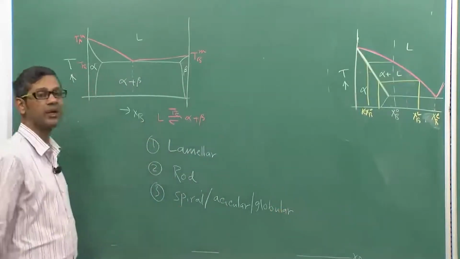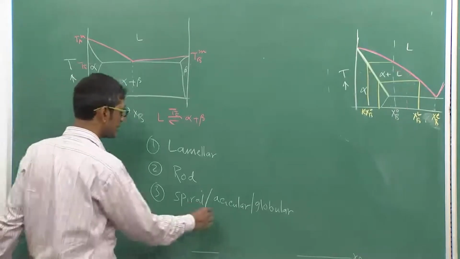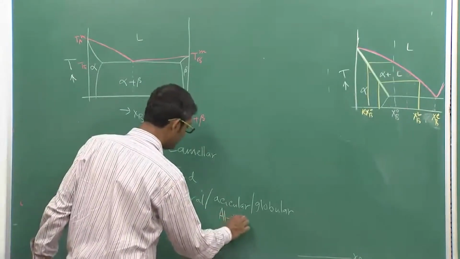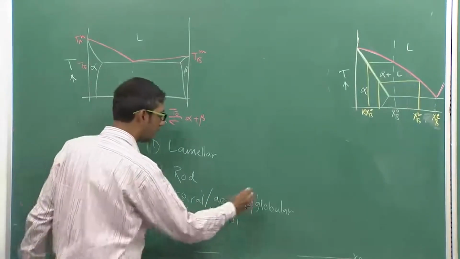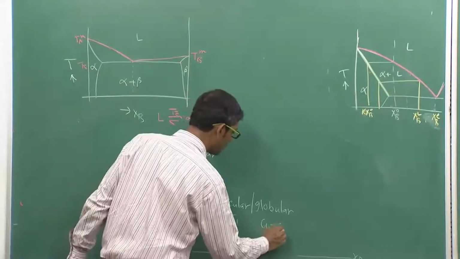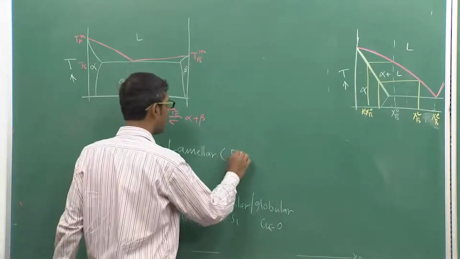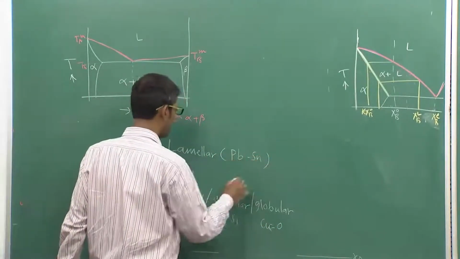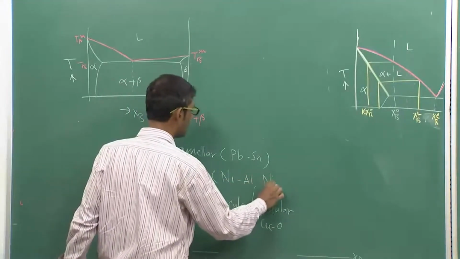Spiral eutectic is found in the magnesium zinc system, acicular in aluminum silicon, and globular in copper oxygen, Cu2O. Lamellar is lead tin, and rod is nickel aluminum or niobium silicon.